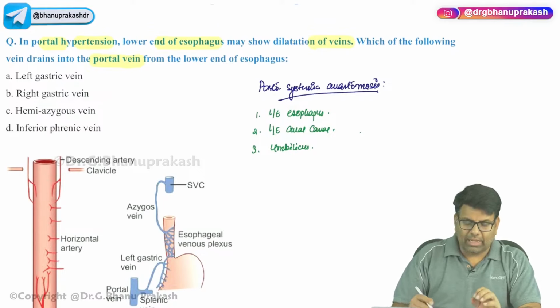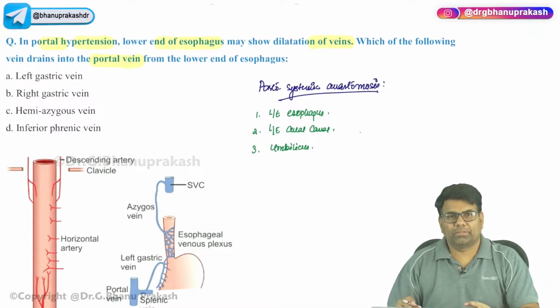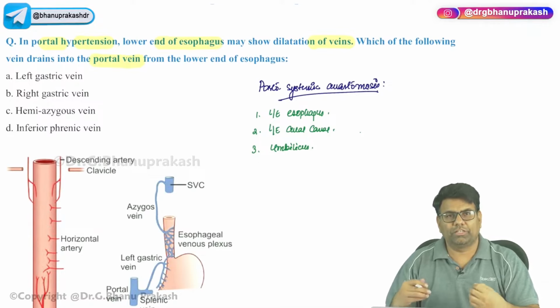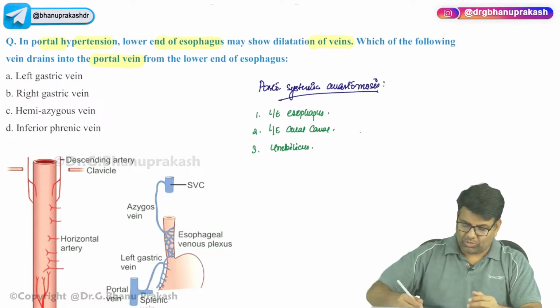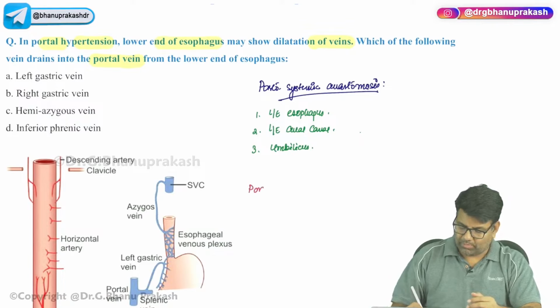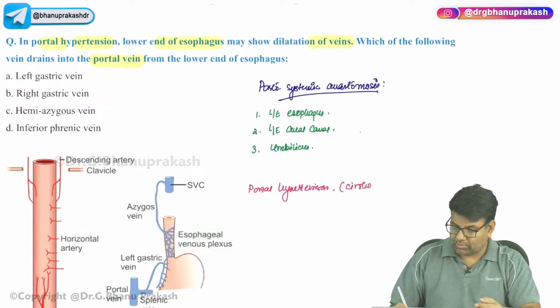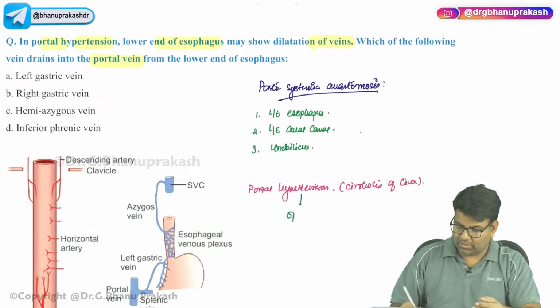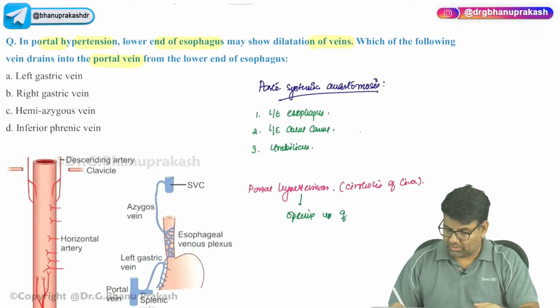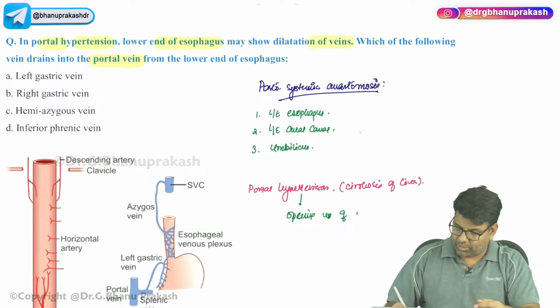And now the clinical significance is that whenever there is cirrhosis of liver which leads to portal hypertension, there is opening up of these portocaval anastomosis. So in cases of portal hypertension, which is secondary to cirrhosis of liver, there is opening up of these portocaval anastomosis.